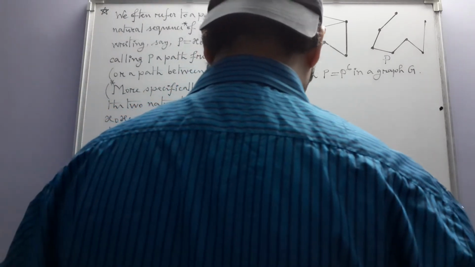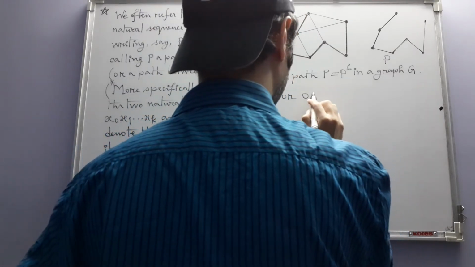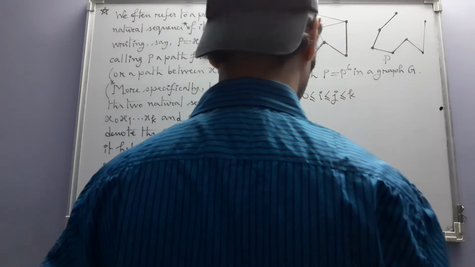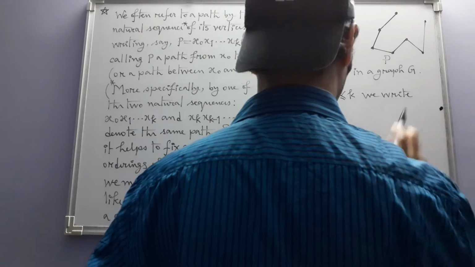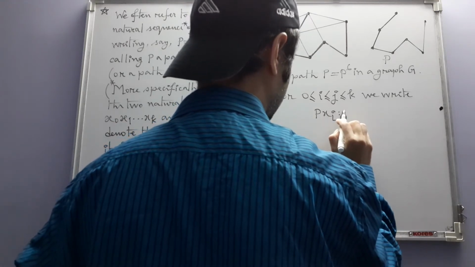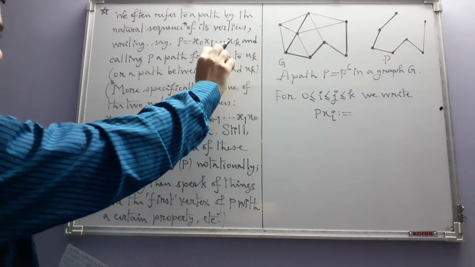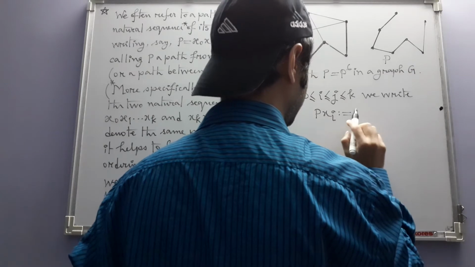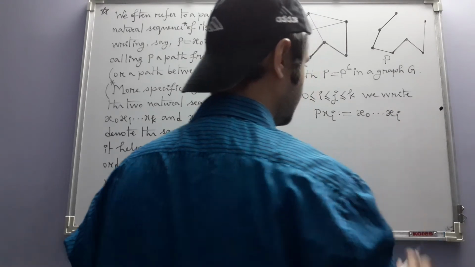The notations are like this: for integers i and j satisfying these inequalities, we write P x_i to mean the subpath of this path, from x0 to xk, which starts at x0 and ends at xi.